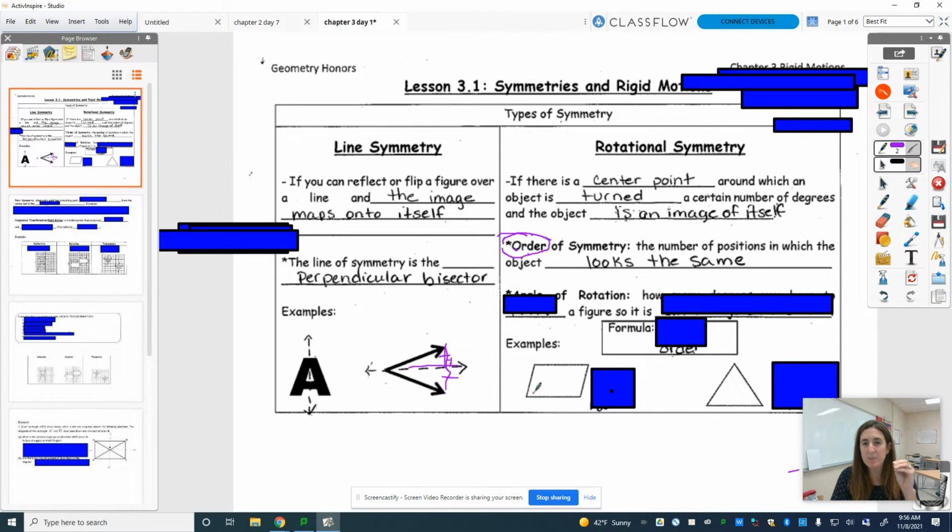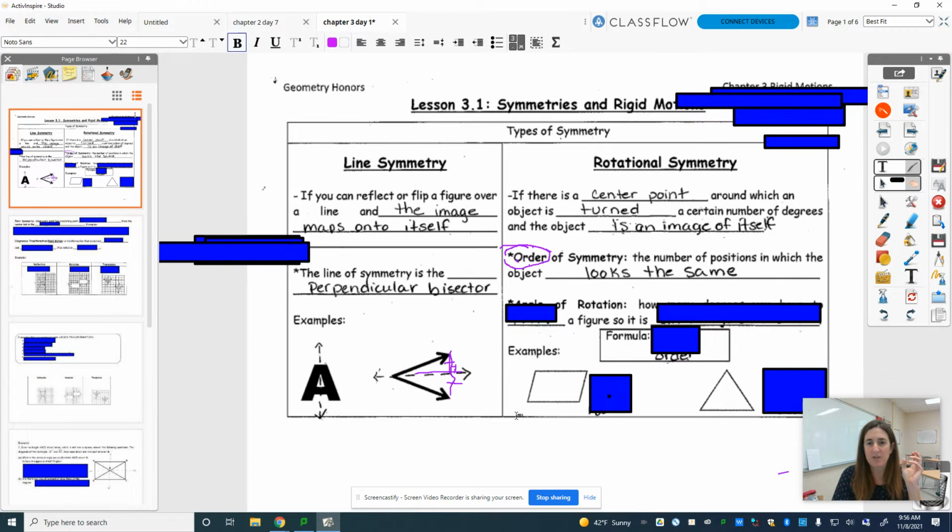So if we took this parallelogram and turned it around, it actually has an order of 2. Maybe we should make a note down here that this guy has an order of 2. If you turn it upside down, that's one turn, and then you rotate it back to itself, that's another turn. So it has an order of 2 for this parallelogram.